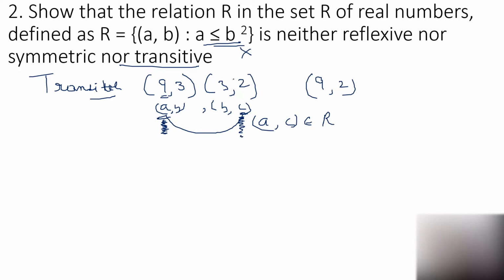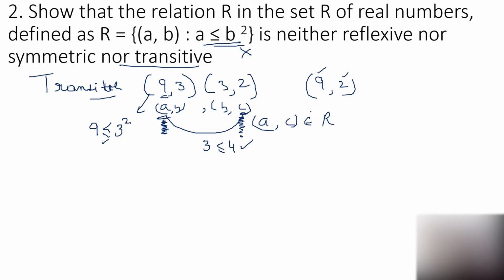So we have taken 9 and 2 because the square of 2 is less than 9. You can think of any other number also. Let's try here very first. Does it belong? 9 is less than or equal to 3 square. Yes, it is equal. Now 3, is it less than or equal to 4?